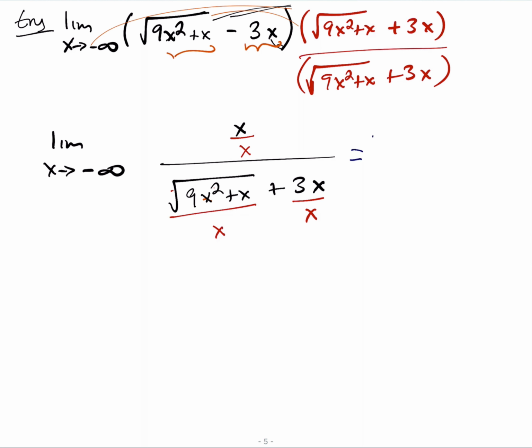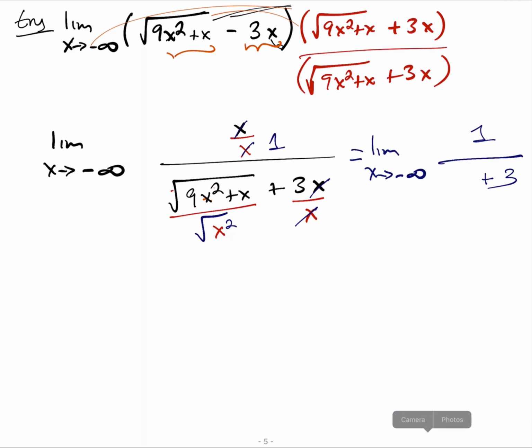All right. So now we have the limit as x goes to minus infinity, 1 over. Okay, this is 1, right? This is 3. But then how do I get the square root of x squared business in there? Since x is going to minus infinity, okay, so this is going to be minus, right?